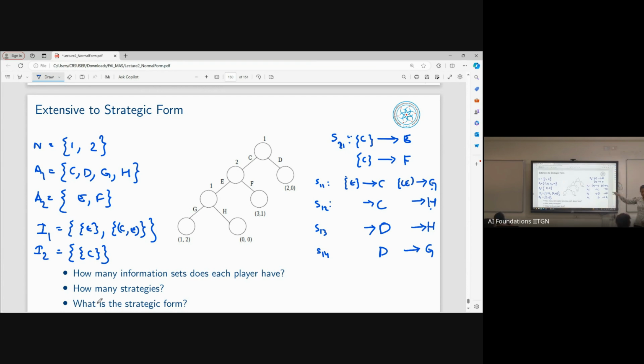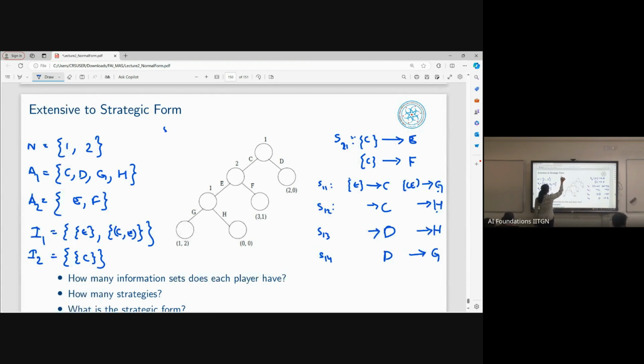Now, if I have to write a strategic form for this, what would I do? I'll just put S21 here, S22 here, sorry, S11, 12, 13, 14, S21, S22. Now, if player 1 plays S11 and player 2 plays S21, what would be the utility for player 1?